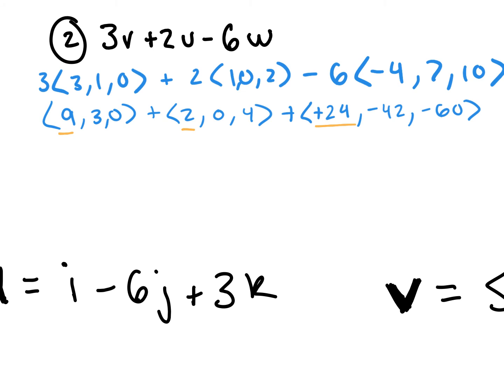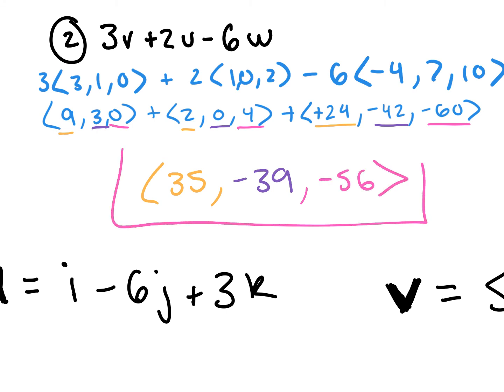So 9 plus 2 plus 24 is 35. Then I have 3 plus 0 plus negative 42, negative 39. Then I have 0 plus 4 minus 60, negative 56. And that's our vector.